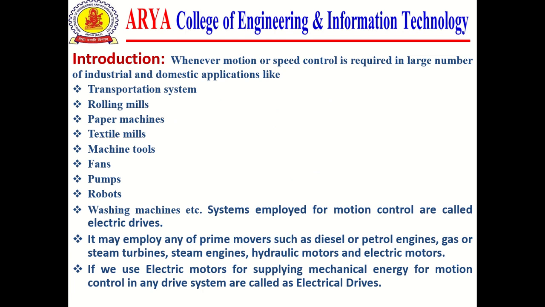Whenever motion or speed control is required in a large number of industrial and domestic applications, like you can see here, like transportation systems, rolling mills, paper machines, textile mills, machine tools, fans, pumps, robots, washing machines, etc. These are large applications of electrical drives.